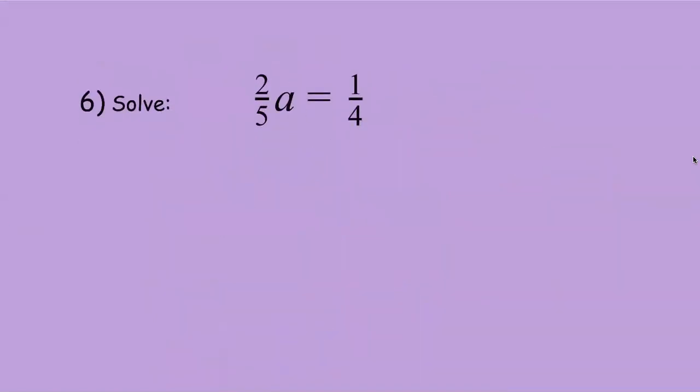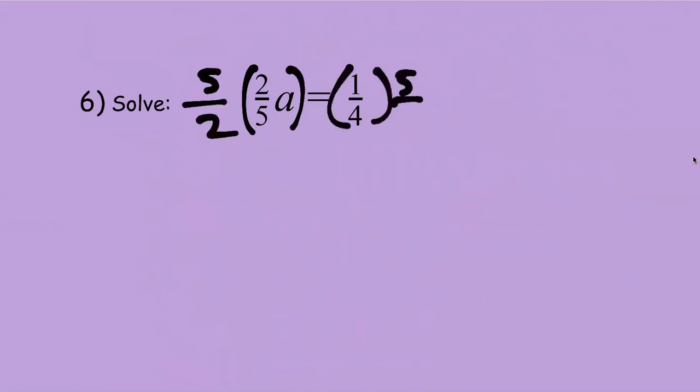All right. 2/5 a equals 1/4. You've got a fractional coefficient. So we're just going to multiply both sides by the reciprocal, 5/2. 5 times 2 is 10. 2 times 5 is 10. 10a, which is the same as just a, right?